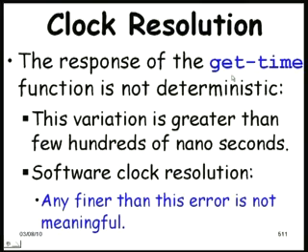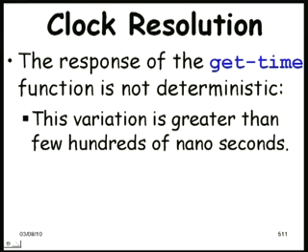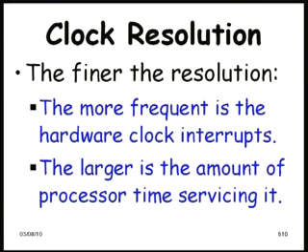You are maintaining a clock, but the time that you read is not exactly that time. So, that is one reason. The other reason is, of course, as some of you are saying, the overhead involved in maintaining the software clock. The more frequently you need to increment the software clock, the greater is the amount of processor time spent servicing it.